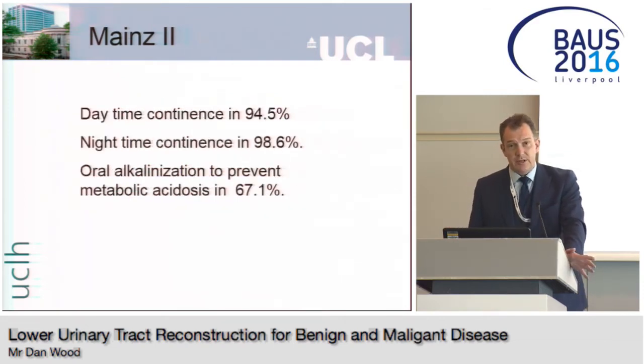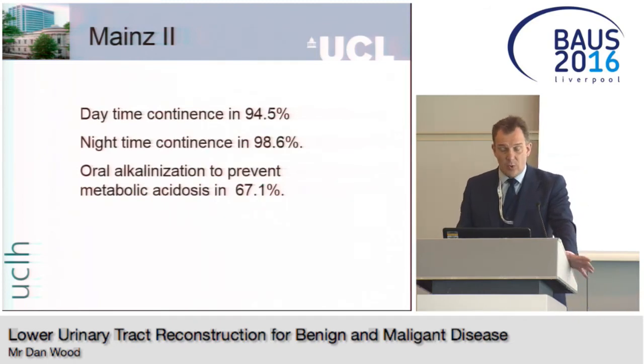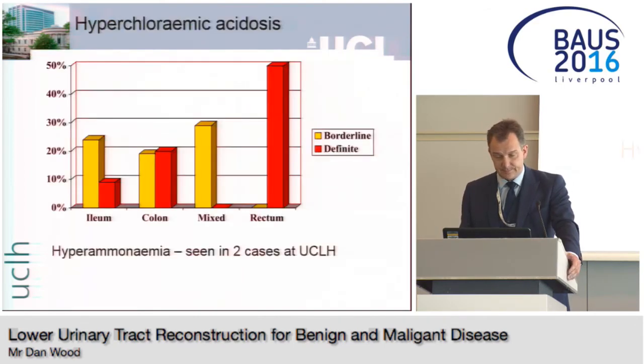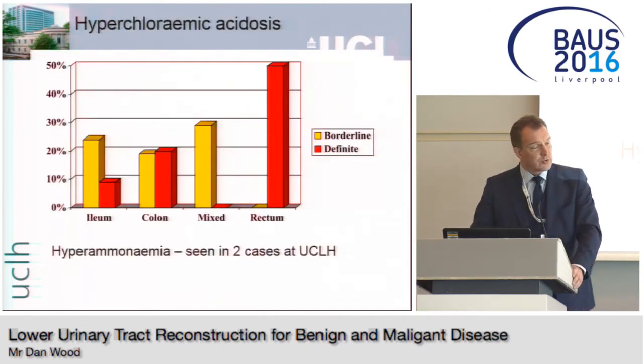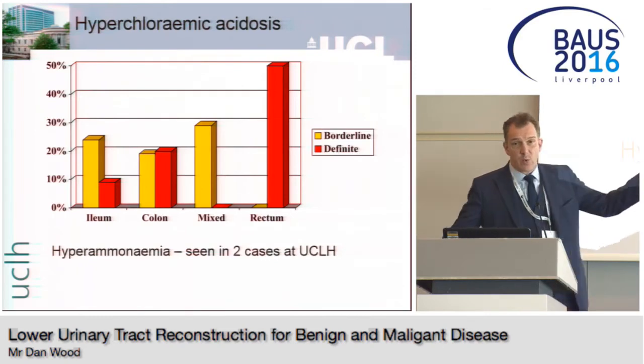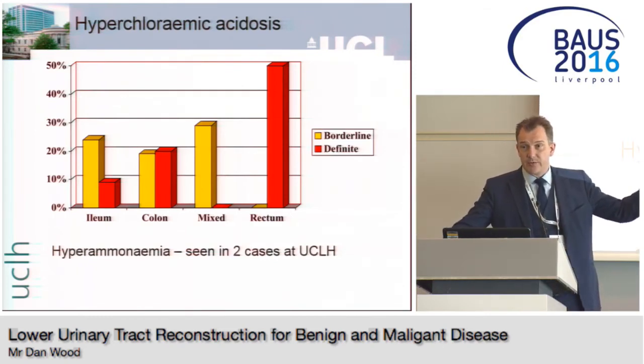Daytime continence, as I talked about, is high, along with, well, all continence is high as a result of the pre-selection. Some patients will require oral alkalization in the form of sodium bicarbonate to maintain their acid-base balance. We've also seen, this is the worst group in terms of metabolic anomalies of all of the urinary diversions.